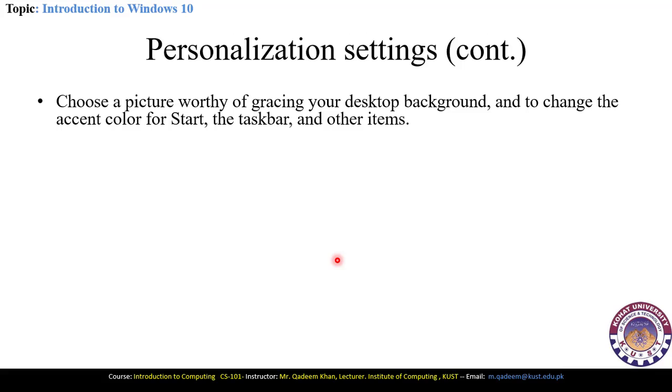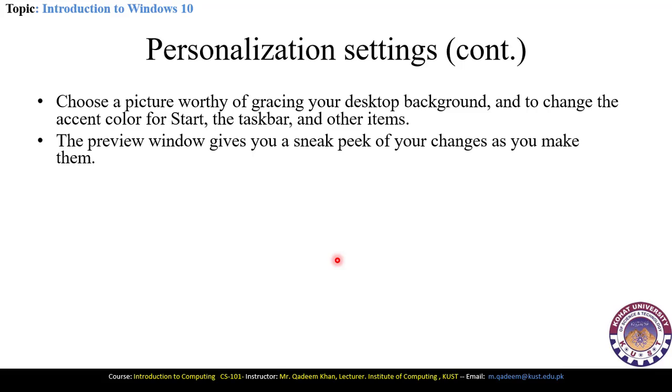Another personalization setting is to choose a picture worthy of gracing your desktop background and to change the accent colors of the Start menu and taskbar and other items. The preview window will give you a sneak peek of the changes as you make them.